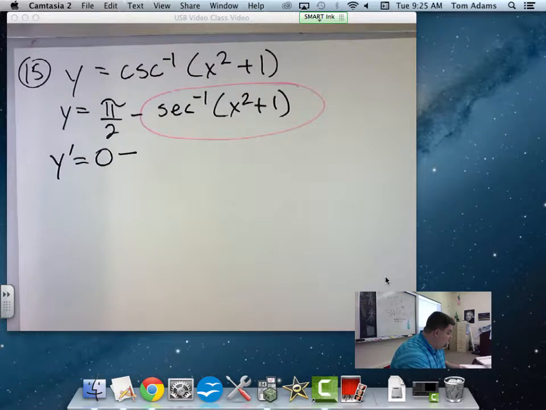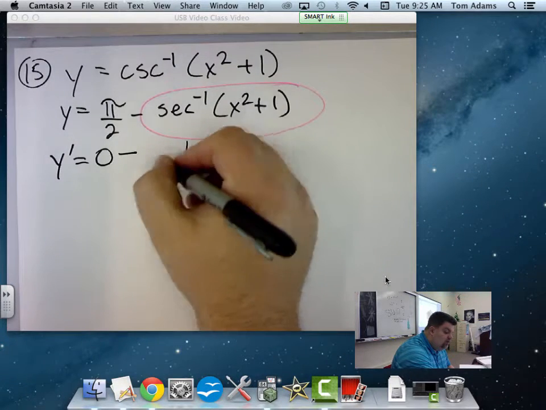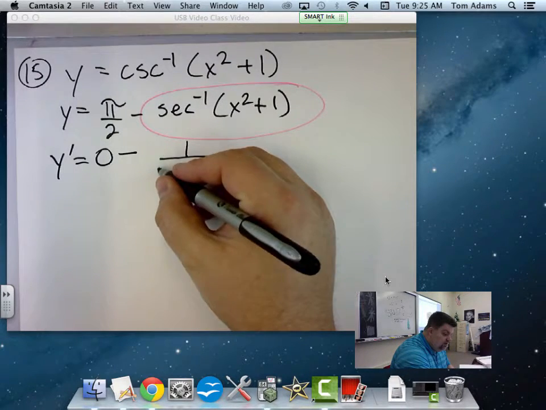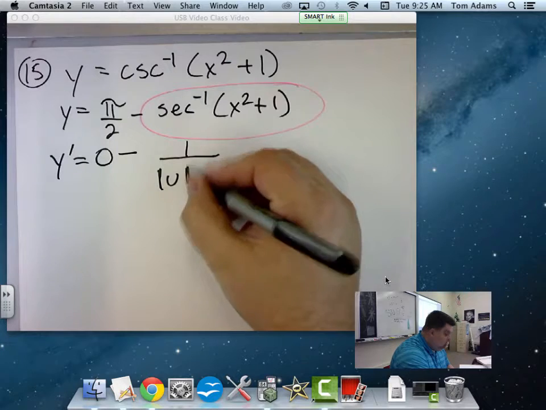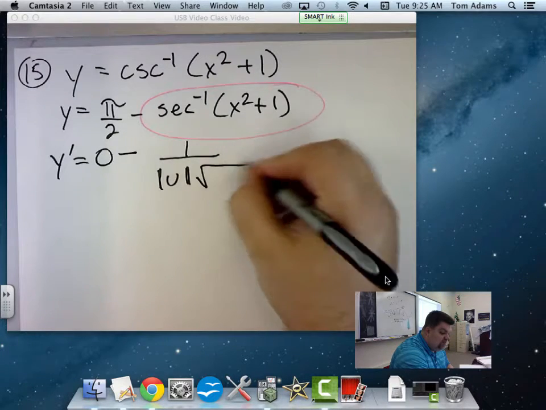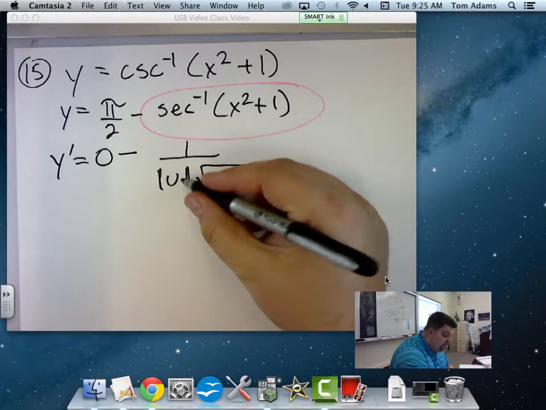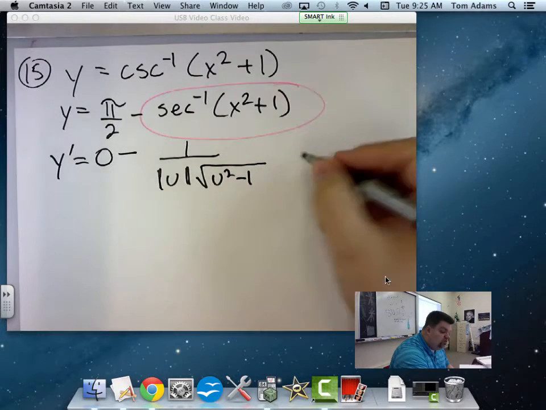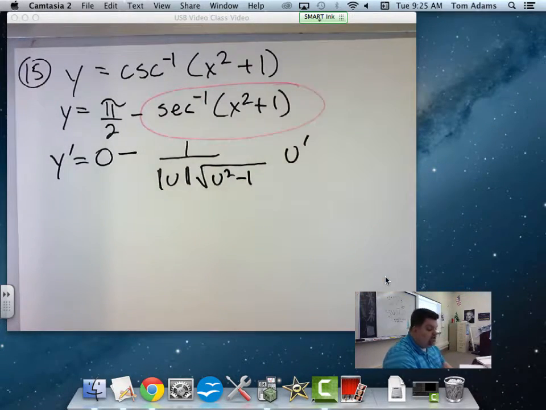Well, now the derivative of secant was 1 over the absolute value of the stuff times the square root of the stuff squared minus 1, times the derivative of the stuff.